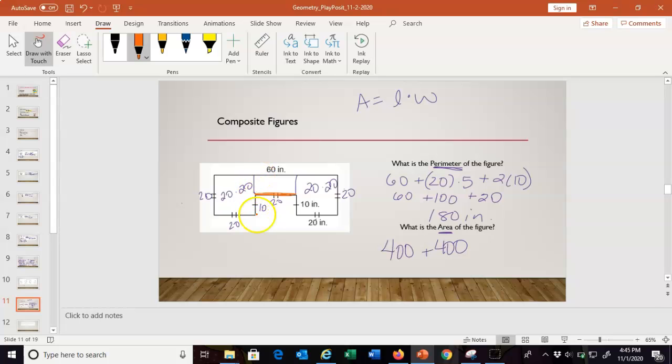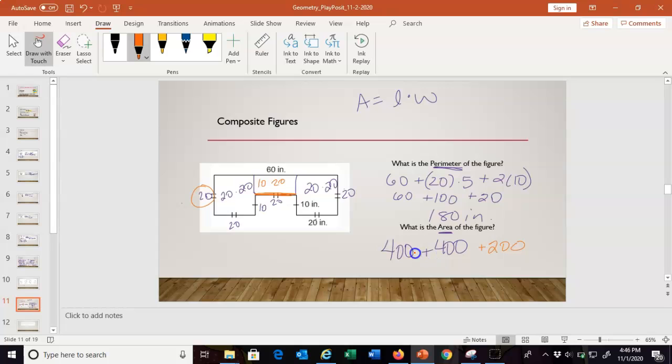So these must add up to give you 20. So that is 10. Now we wouldn't want to just assume it's 10 because it doesn't have the tick mark, but we use the fact that the entire length was 20 and this piece was 10, so it happened to also be 10. So this would be 10 times 20 for that area there, which is 200.